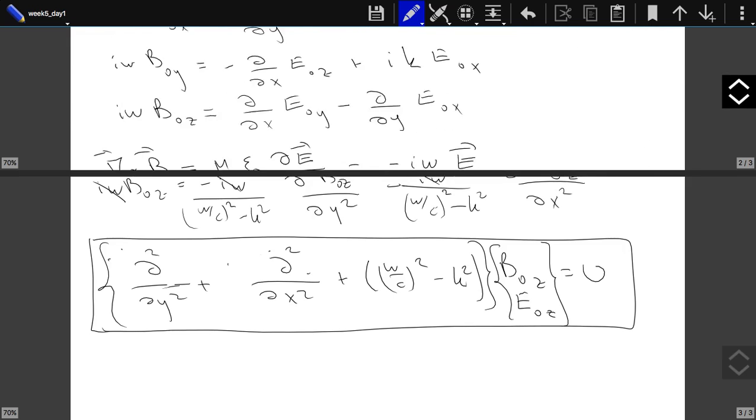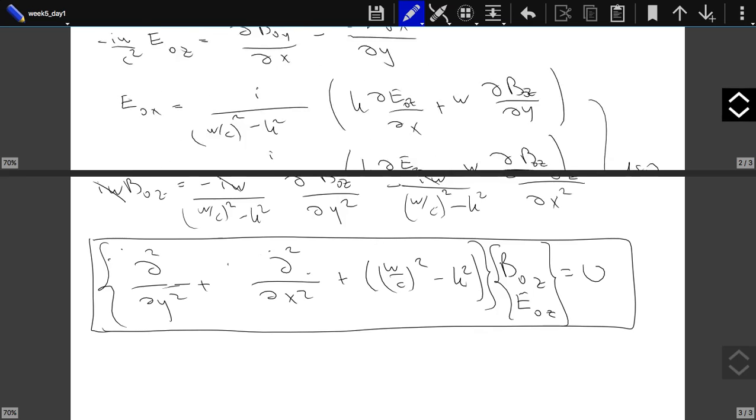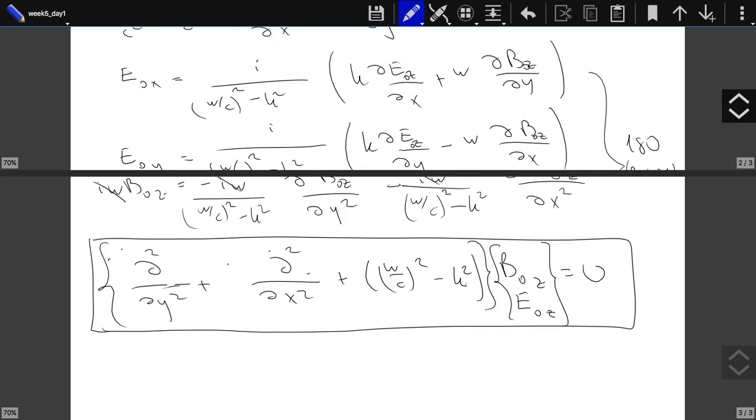Well, you see, okay, so let's look at the E0x. Now, if E0z is 0, B0z is 0, that term in parentheses is 0. Well, E0x will be 0 unless k squared is equal to omega over c squared.